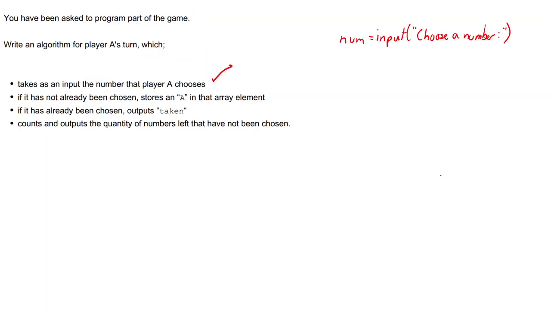It's saying if the number has not already been chosen, store an A in that array element. So what I can do now is say if numbers num is equal to a blank string.